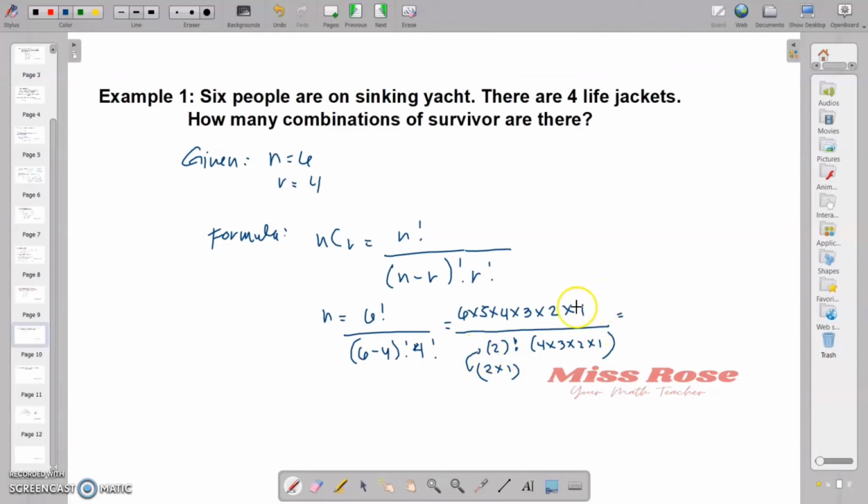So 6 times 5 times 4 times 3 times 2 times 1 equals 720 using a calculator. Over 4 times 3 times 2 times 1 equals 24, times 2 factorial. 720 divided by 2 times 24 equals 15. So n equals 15. There are 15 combinations of survivors.